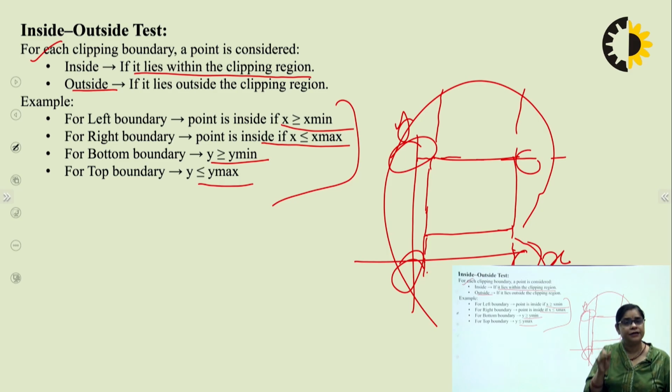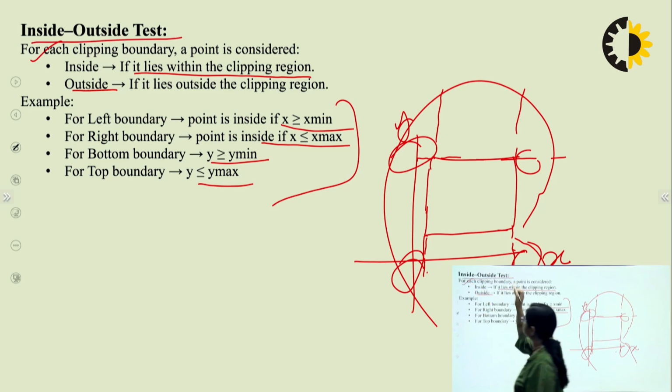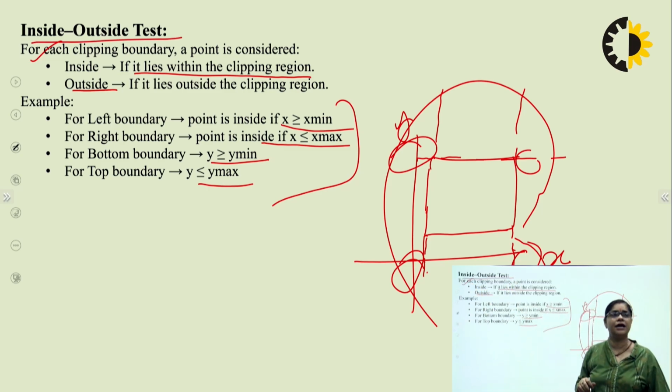So here you have to keep in mind this inside outside test: for each clipping boundary a point is considered inside if it lies in the clipping region, and outside if it lies outside the clipping region. So that is what you have to do, the inside outside test, right?